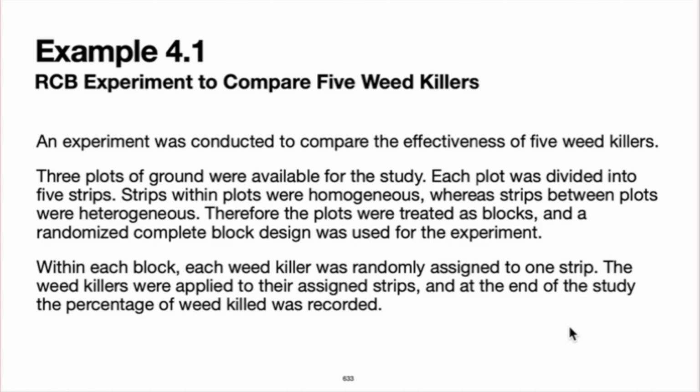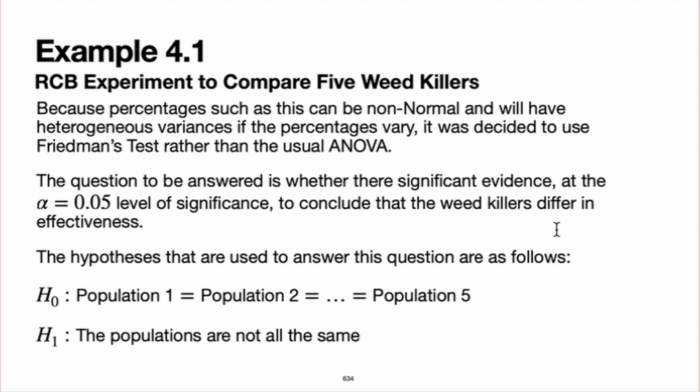The response variable that's being recorded is the percentage of the weeds killed in a particular strip. Let's keep that in mind, because when a response variable is a percentage or a proportion, and there are many situations in which that's the case, we need to understand that that kind of data is very often non-normal, and also the variability varies because the variability depends on the actual proportion or percentage.